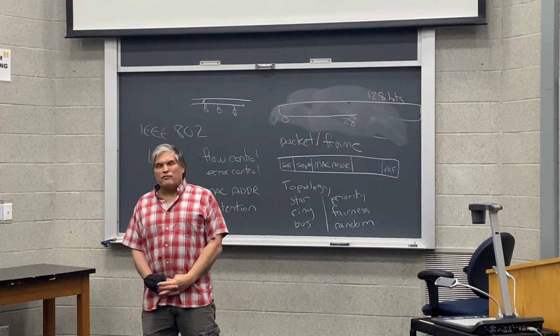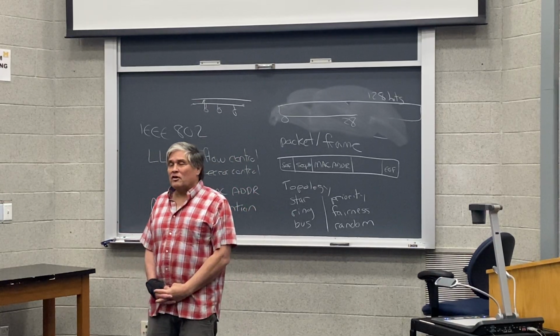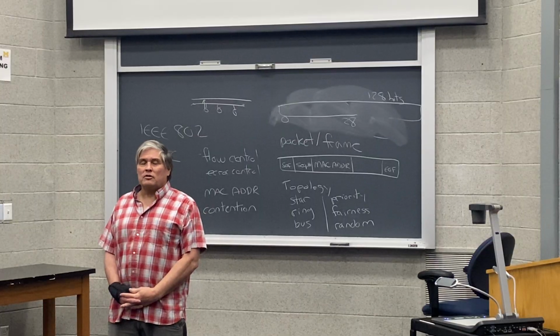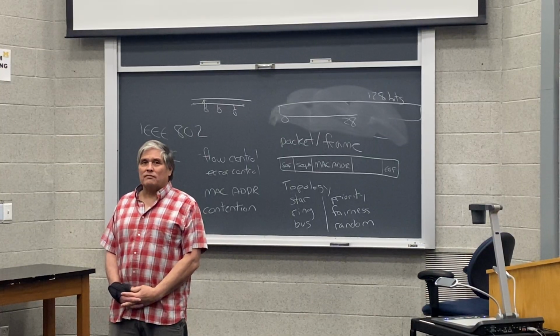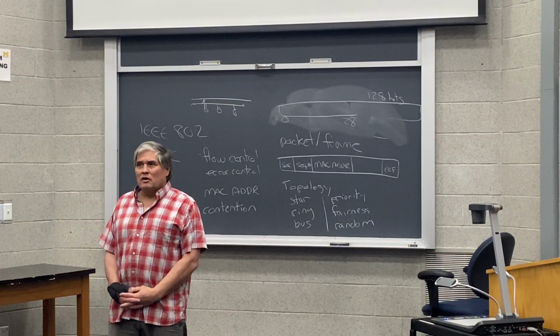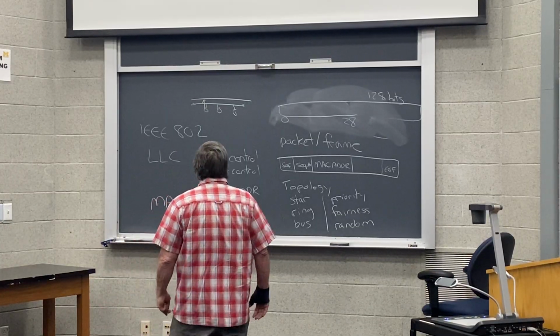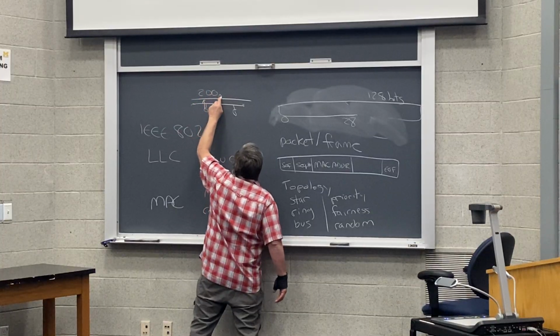So if we assume roughly the speed of light at a megabit per second, that's 1 microsecond per bit, a bit is somewhere between 200 and 300 meters long. If it's exactly the speed of light, it's 300 meters. In copper, the signal speed is a little less than the speed of light, but say 200 meters. So the length of the bit transmission is going to be, let's say, 200 meters.